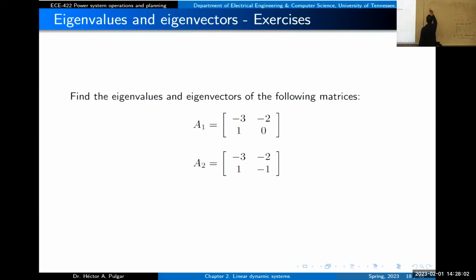And let's do it one more time here. For A, we're using A1, which is negative 3, negative 2, 1, and 0. And we need to get the second eigenvalue multiplied by the identity minus A. So this is going to be lambda 2, 0, 0, lambda 2, and the negative of this. So we need to change the sign here.